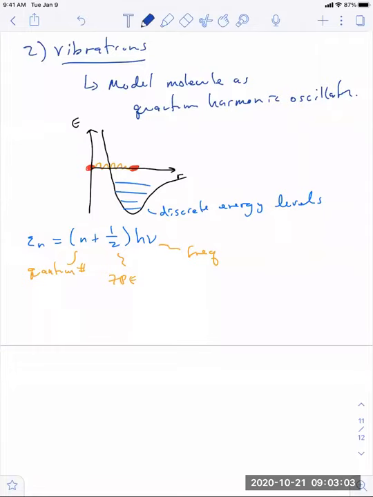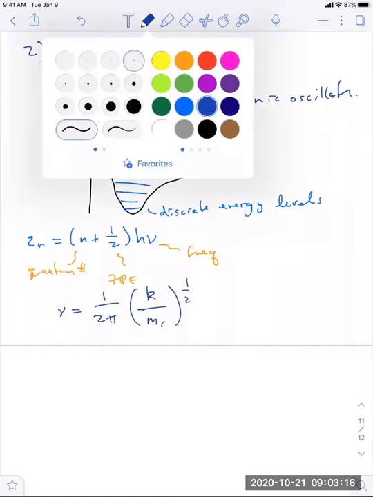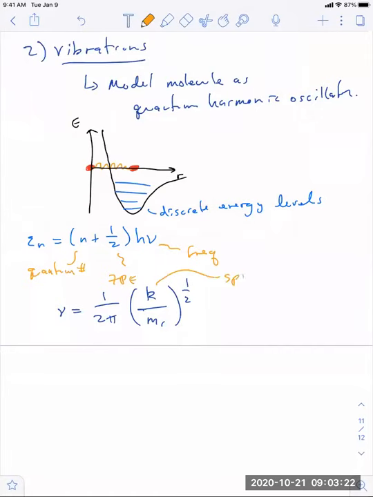So what dictates the vibrational frequencies of a system? We can write nu equals 1/2 pi times, sorry, now I'm using a different k. This k in the vibrational partition function workup will be the spring constant. I'll try to use k sub B for Boltzmann's constant when it shows up, but please just ask if you're confused on which k is which.